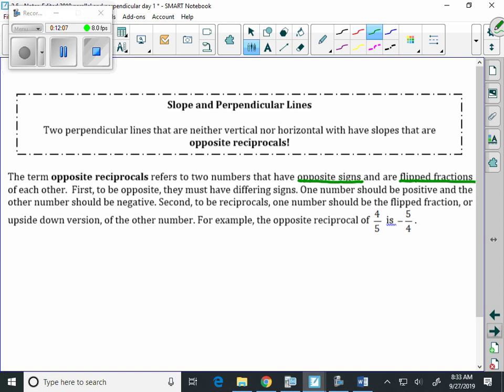Second, to be reciprocal, one number should be flipped fraction, or the upside down version of the other number. So 4/5 has an opposite reciprocal of negative 5/4. We flipped the 4/5 and we changed the sign on it. One little thing, just in case I say it on a video, is that I sometimes use the word negative reciprocal, which means the same thing.